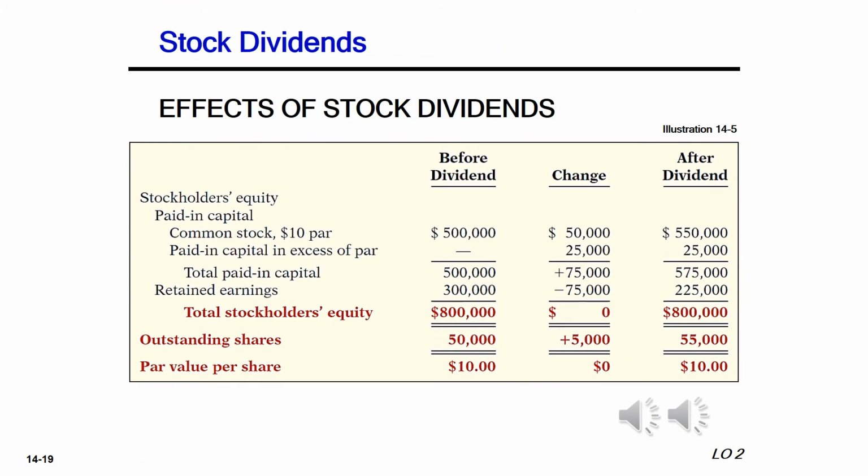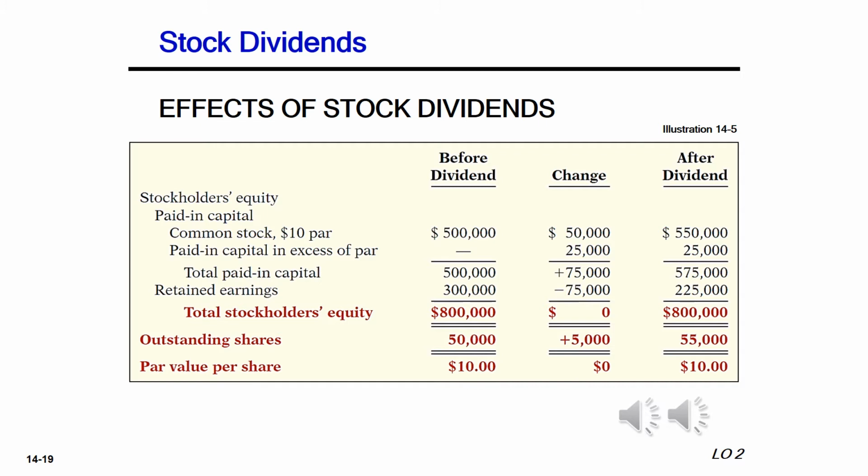Here we have a really good illustration to show us the effects of stock dividends. So notice here, what do we have? We have the situation of the company before the dividend, and then we have a column for the change, and a last column that shows the position of the company after the stock dividend is issued. So in the stockholders' equity, as we learned how to report, we're going to have paid in capital, starting with the common stock at $10 par value.